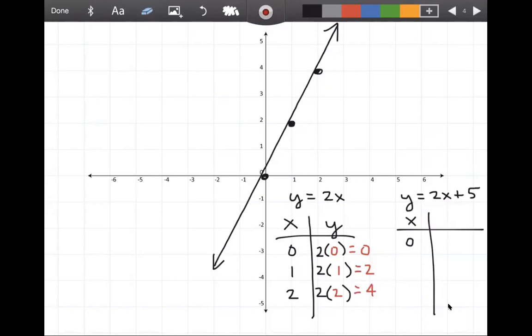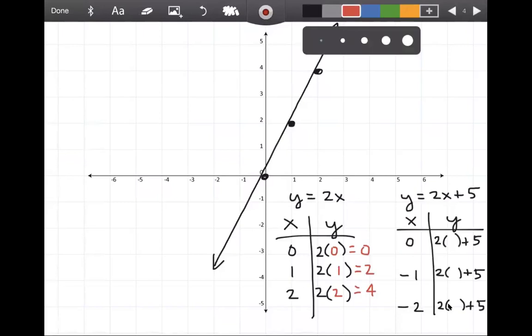Okay, bear with me. I'm just making a little more space in this table because I'm running out of room here. Okay. 2 times 0 plus 5, or I should say 2 times blank plus 5, 2 times blank plus 5.